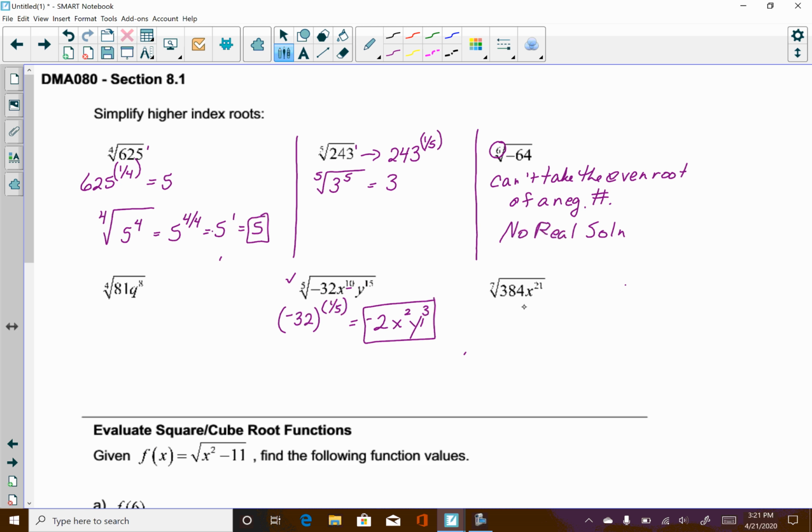So we got to think about this one a little differently. 384, since it's even, let's figure out what 2 to the 7th is. 2 to the 7th is 128, and 384 divided by 128 is 3. There we go. All right, so let's think about it this way. Then 384 is the same as 2 to the 7th times 3. And again, 2 to the 7th is just 128.